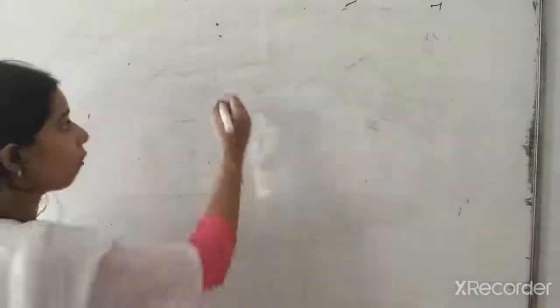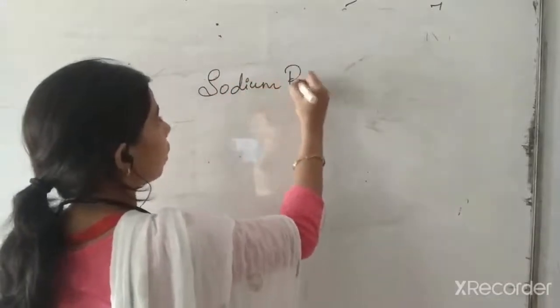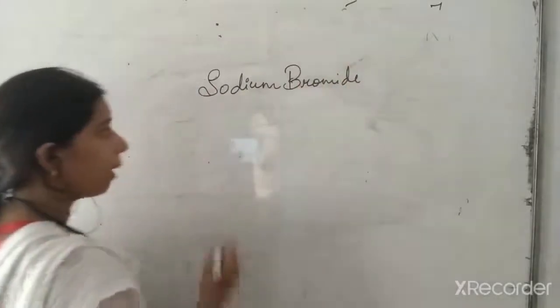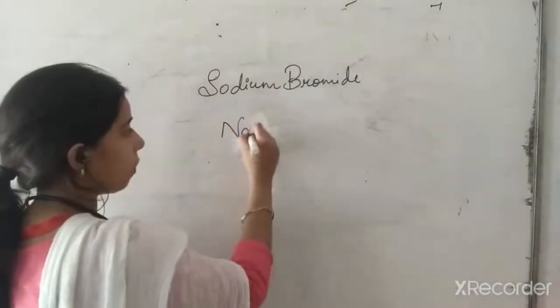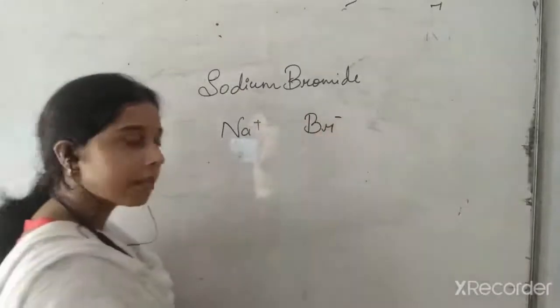Likewise, we have to find the formula of sodium bromide. For sodium bromide, sodium is Na positive and bromine is an anion with a minus charge.